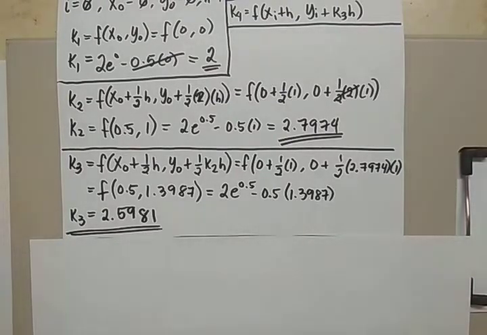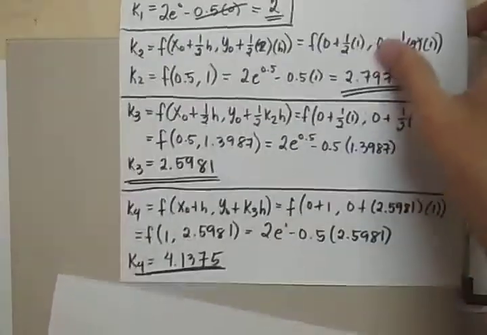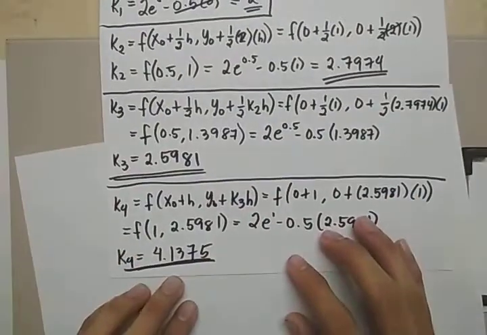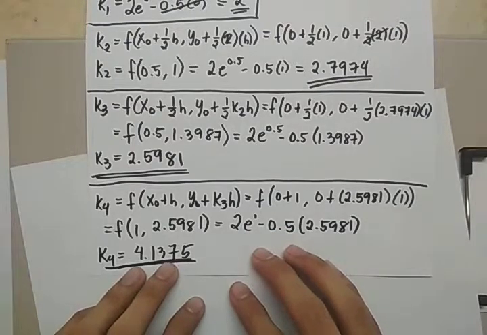So now for our k sub 4, for us to calculate our k sub 4, we have our k sub 3. So we will use this formula. So we'll have f of x sub 0 plus h and y sub 0 plus k sub 3 multiplied by h.